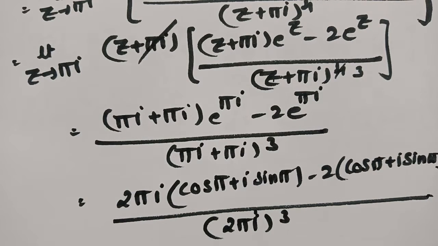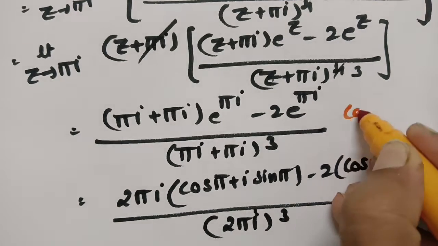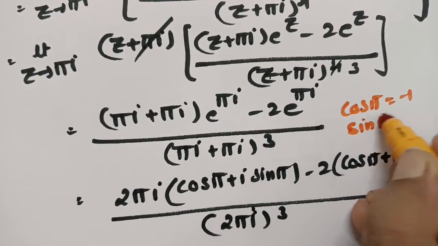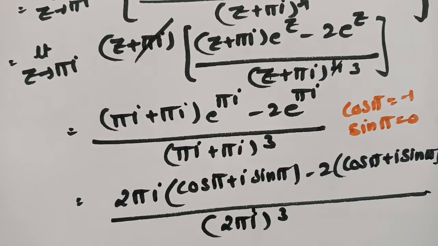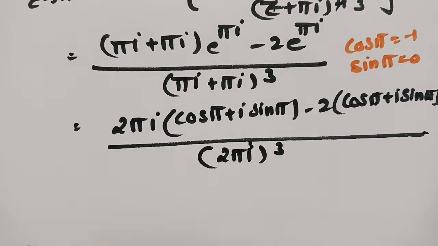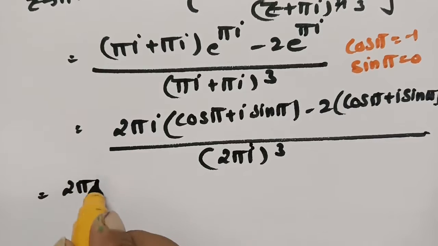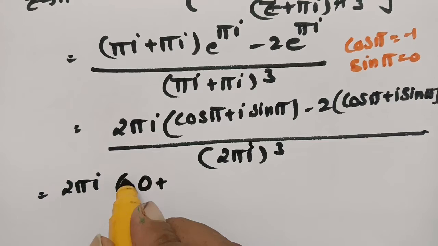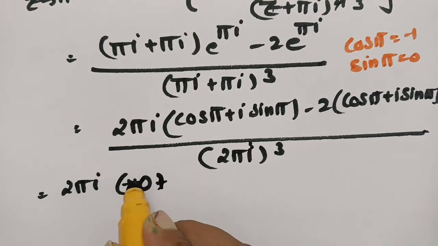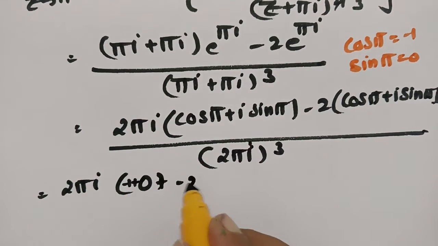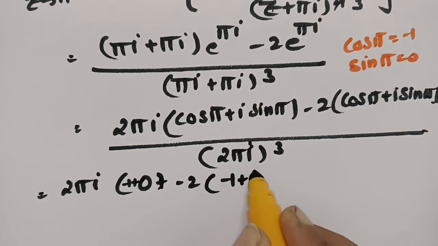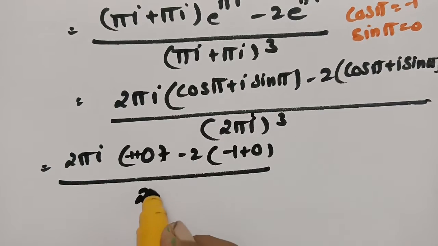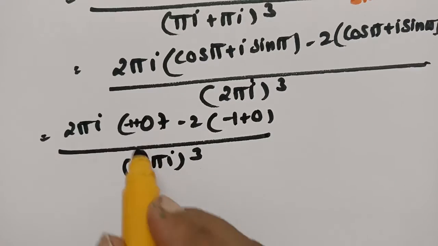See here again, as you know, cos pi value is equal to minus 1 and sin pi value is equal to 0. So if I substitute, this will be 2 pi i into (minus 1 plus 0), and next minus 2 times (minus 1 plus 0) by 2 pi i whole cube. So this is minus 1.